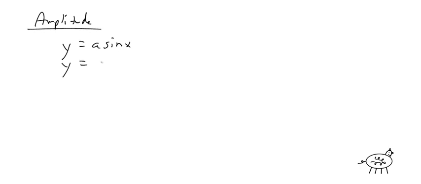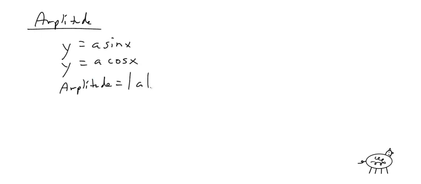So let me just write this out. This is amplitude. Let me write it again here. Amplitude, and it's y equals a sine of x and y equals a cosine of x. Okay? And the amplitude is equal to the absolute value of a.